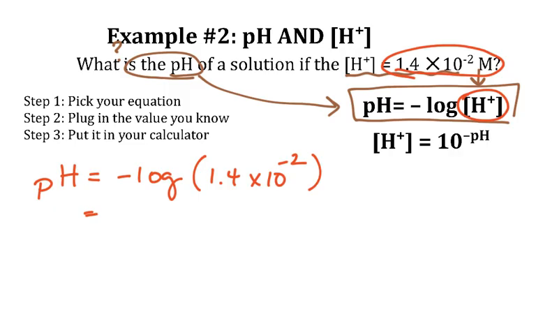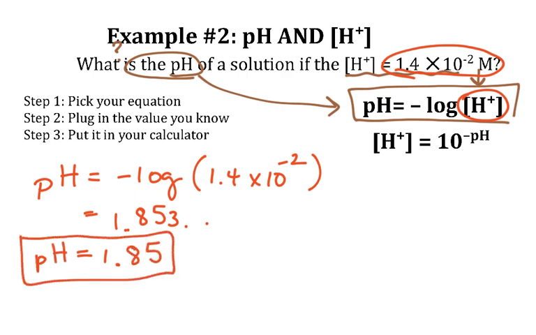I got 1.853, and then that keeps going. I'm going to just round to 1.85. No units on that, but we could say pH equals 1.85.